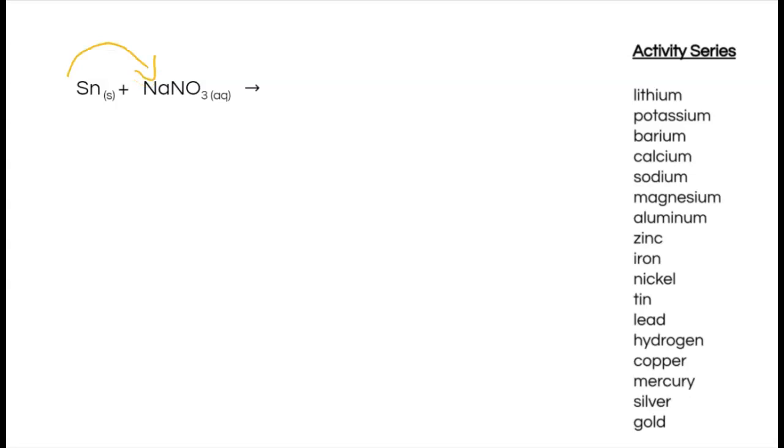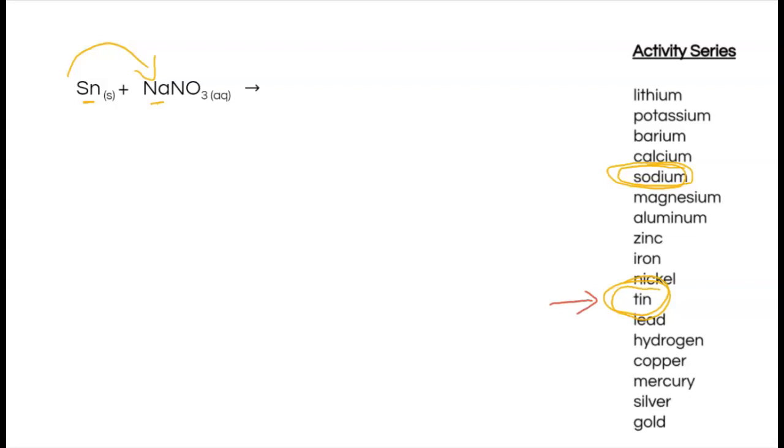So let's go refer to our activity series and find tin, and let's find sodium. Okay, I see that tin is right here, and I see that sodium is right up here. So in this case, tin is below sodium.